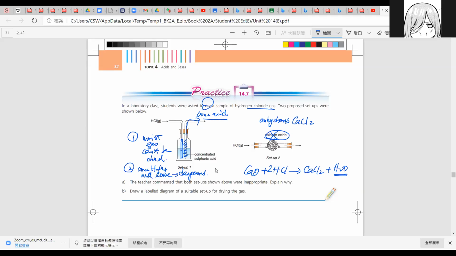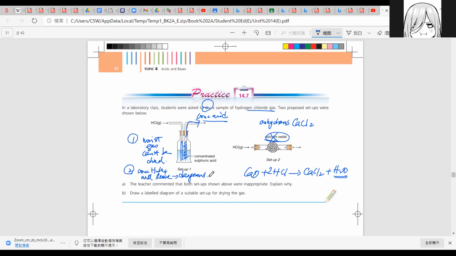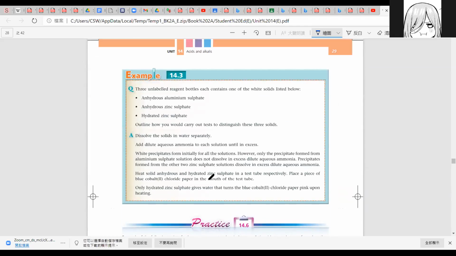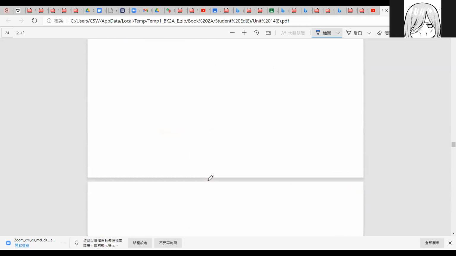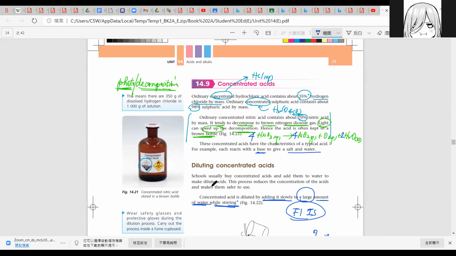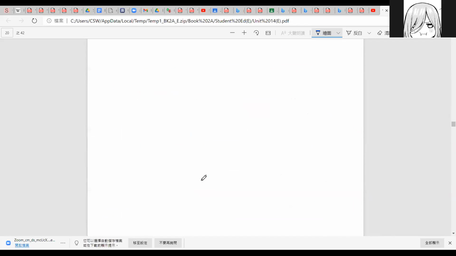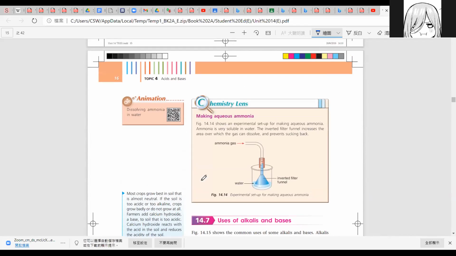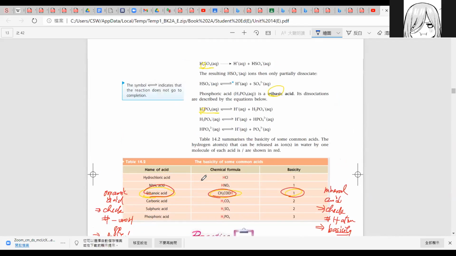Can you get it? Okay. Now, in this lesson, we come to something more about acid. So what do you know about acid? First of all, acid without water would not exhibit the acidic property. Point number one.